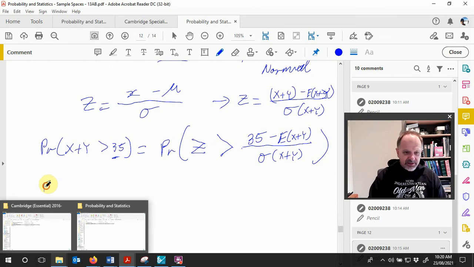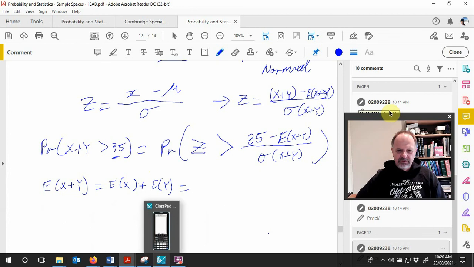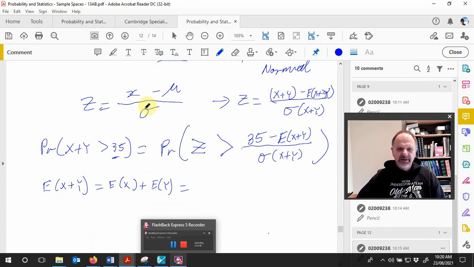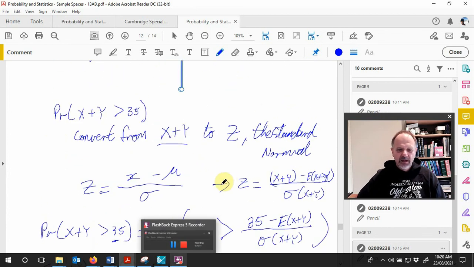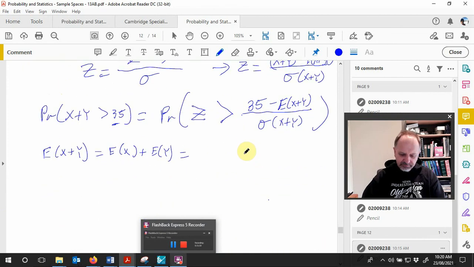So the expectation value of x plus y, and again it's 1x plus 1y, so that's simply the expectation value of x plus the expectation value of y, which is 10 plus 2, which is 12.